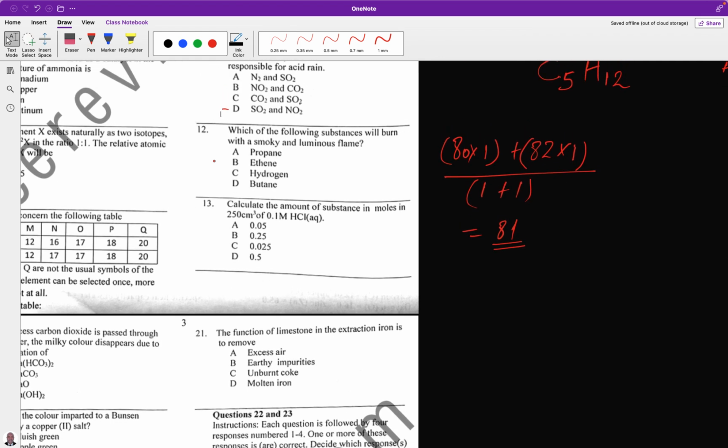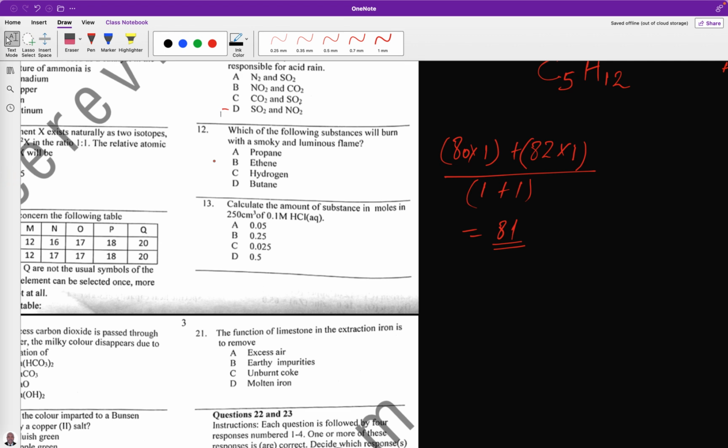Question number 12. Which of the following substances will burn with a smoky and luminous flame? Remember, only unsaturated hydrocarbons will burn with a smoky and luminous flame. A, propane. Propane is not an unsaturated hydrocarbon.